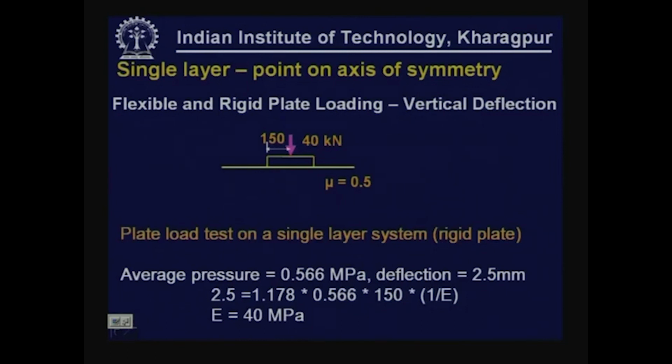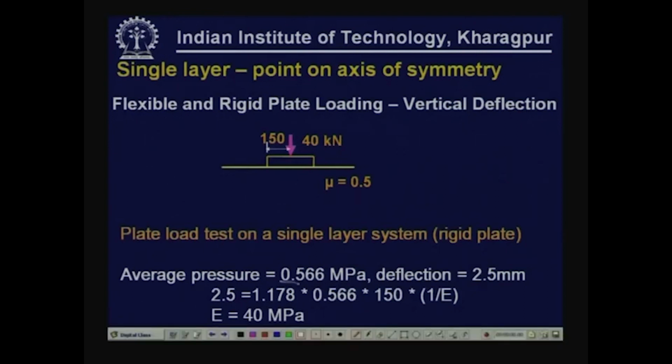The average pressure that was observed, because we can observe the load that is applied, and we also know the contact area. So, I calculated the average contact pressure as 0.566 MPa, 40 kilonewton by the area of the plate. Say for this load, the observed deflection is about 2.5 millimeter at this location. This is surface deflection along the axis of symmetry of the load.